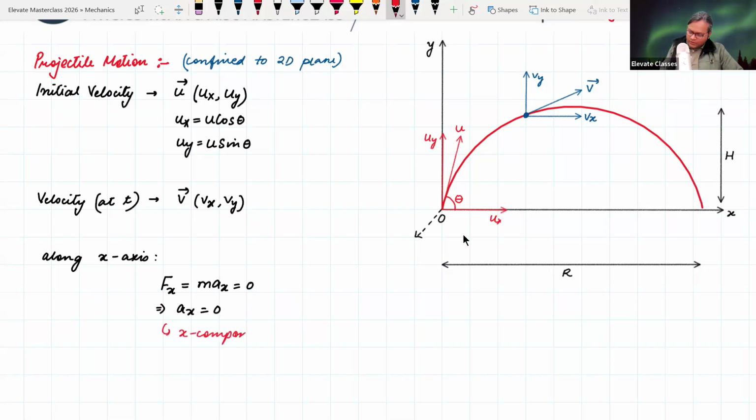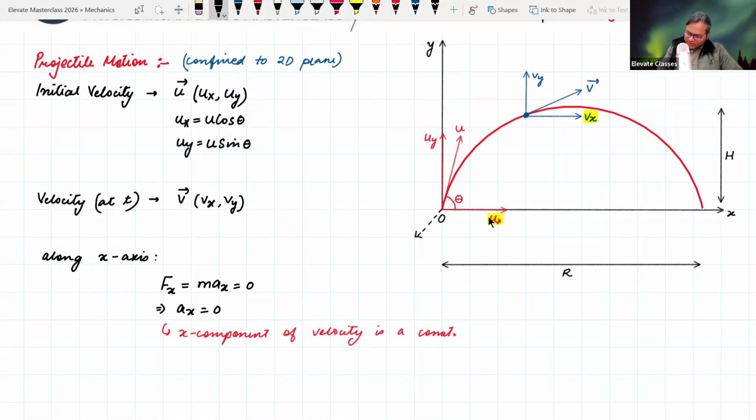Yes, the x component of velocity is a constant. What does it mean that the x component of velocity is a constant? It simply means that ux is equal to vx. That's it.